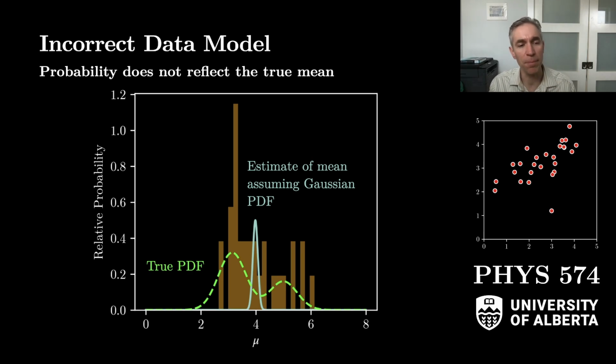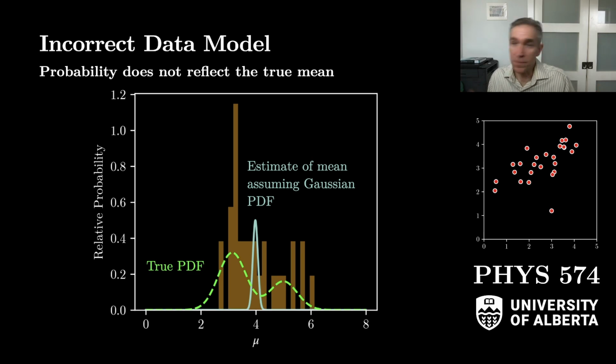They're slightly imbalanced here. And if we assume that that data model is all from a single Gaussian, we will come up with a very good estimate of what the mean of that Gaussian is. That's shown here in this central line. So that will give us a mean value, but it doesn't actually correspond to the underlying data and the underlying distribution.